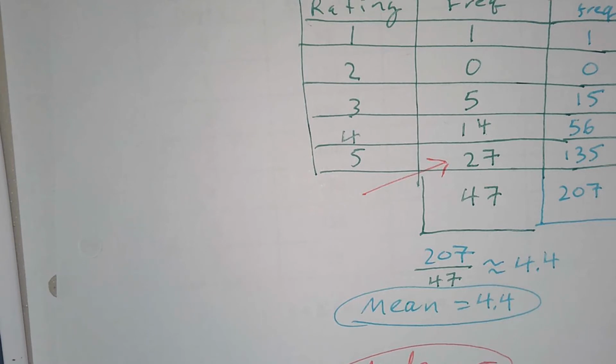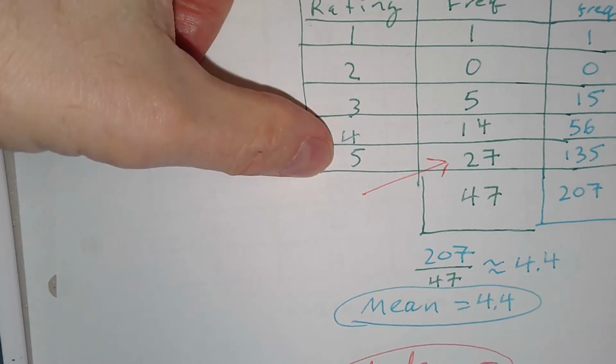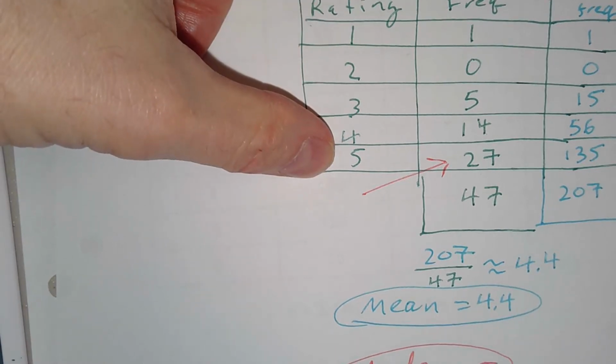In terms of the mid-range, let's think about that for a minute. My lowest rating is 1, my highest rating is 5, so my mid-range is 5 plus 1 divided by 2. That's going to be a 3.